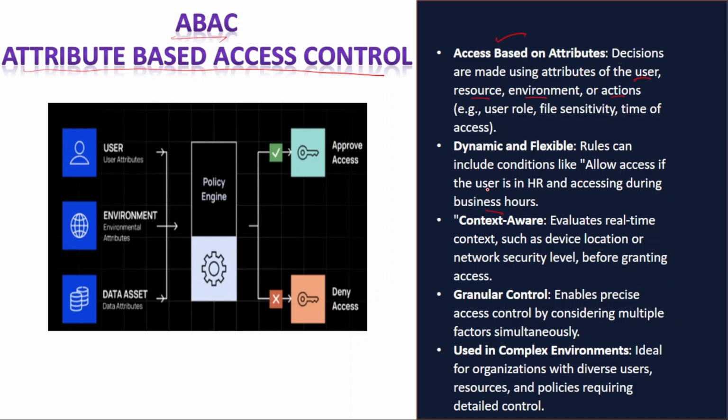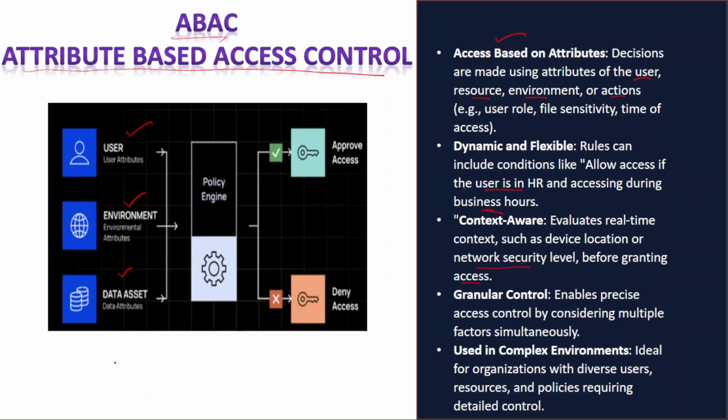The user is in HR, let's suppose this is a user attribute, and he or she is accessing the system during business hours. So you can say that this is an environmental condition or an environmental attribute. So multiple attributes from these three sets are combined to give access to a specific user. Context aware: evaluates real-time context such as device location or network security level before granting access.